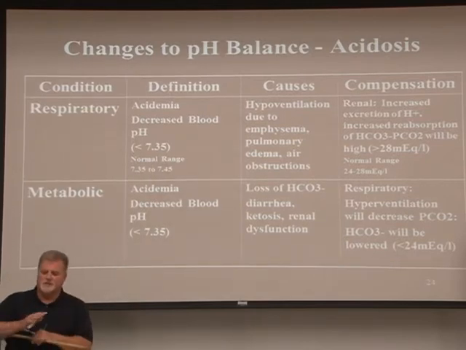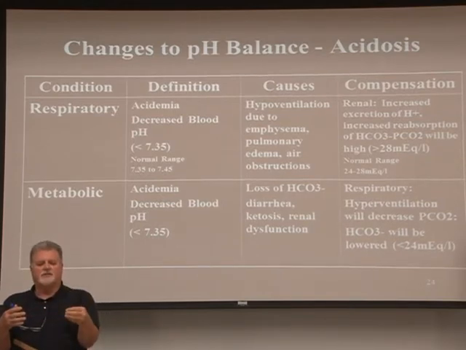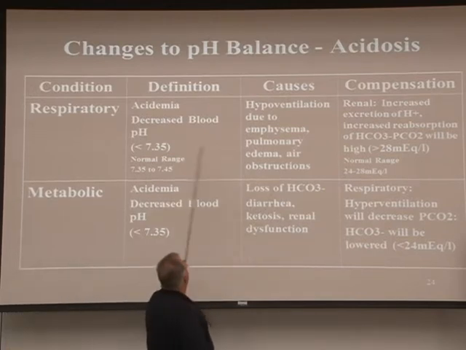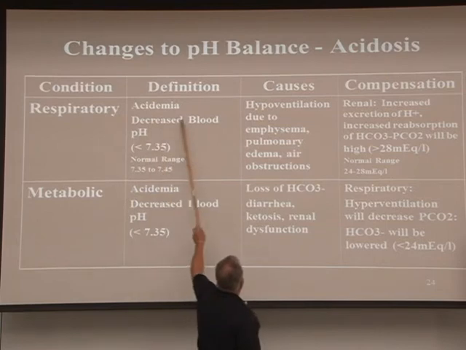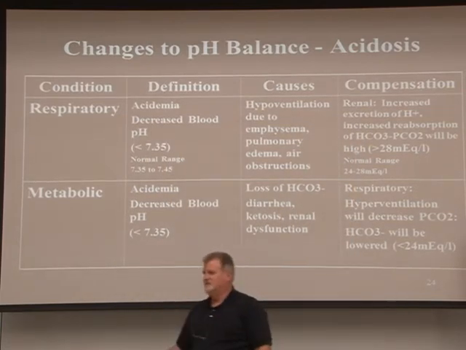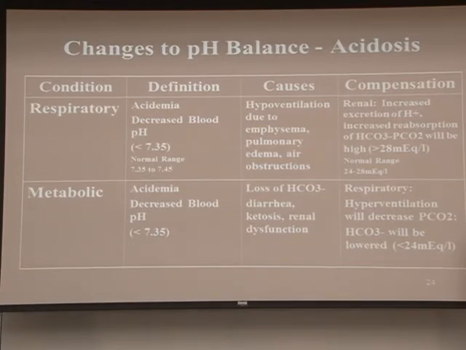Well, the two organ systems that can help us are our lungs and our kidneys. So if your lungs are failing, your kidneys have to try to do the job. So a person in respiratory acidosis is going to have renal compensation. The kidney is going to start trying to take care of the problem.